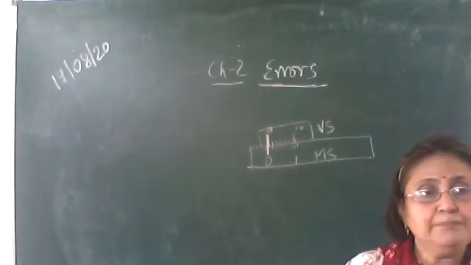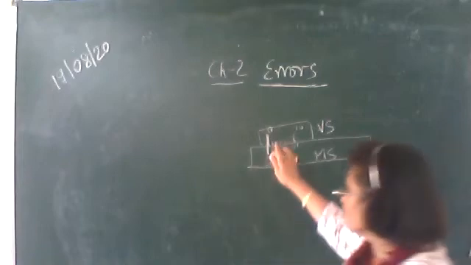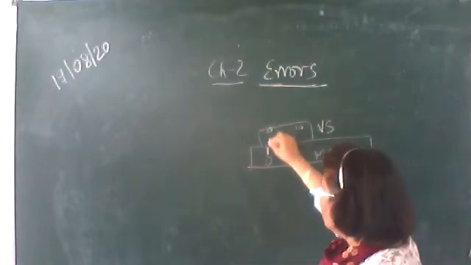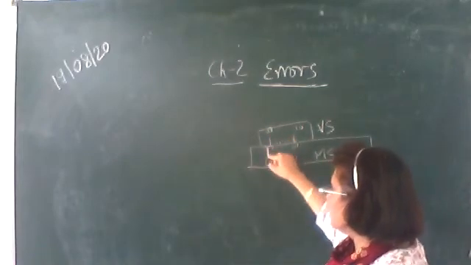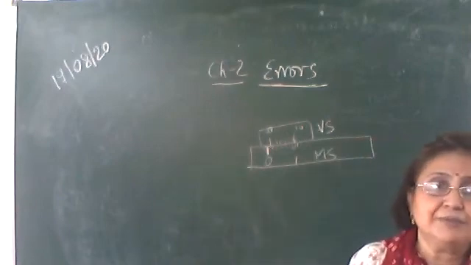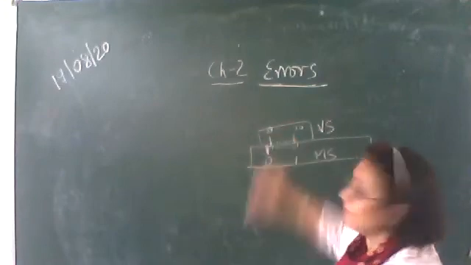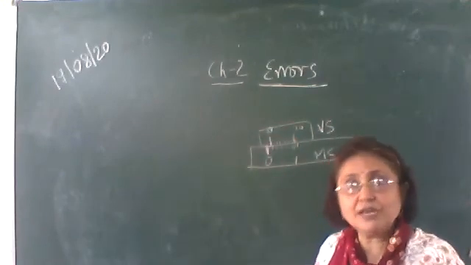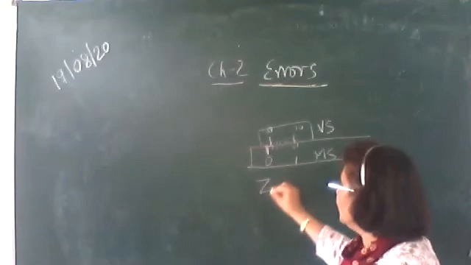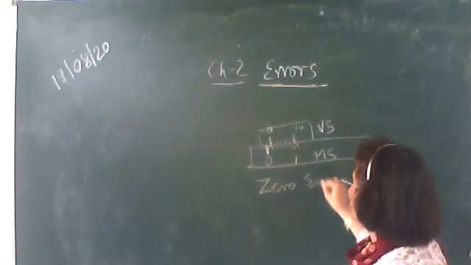But due to some manufacturing defect, if the zero of the vernier scale does not coincide with the zero of the main scale, then the instrument will possess some error. Such an error we call the zero error.